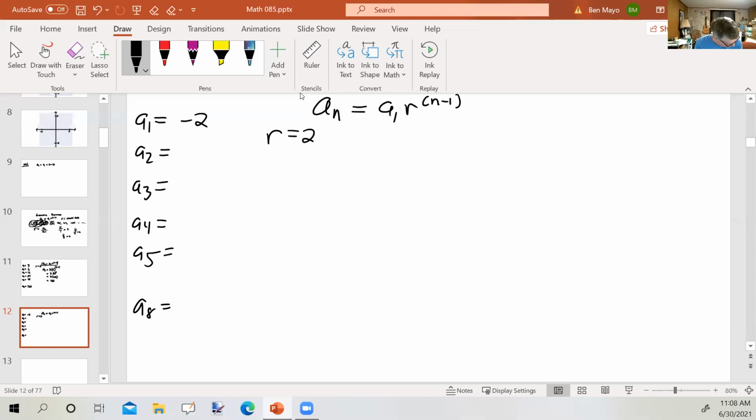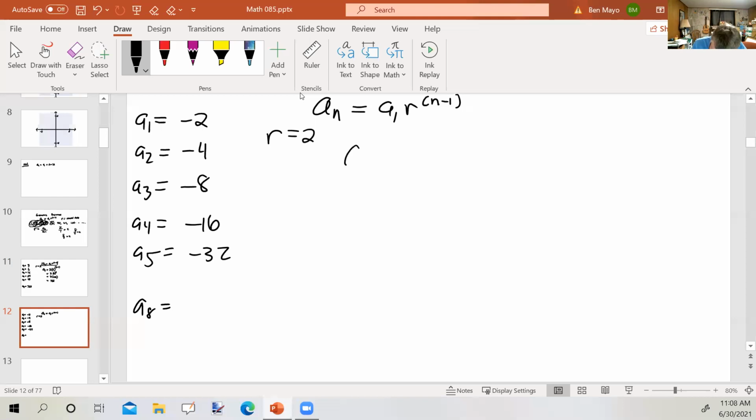Well, let's see. -2 times 2 is -4. -4 times 2 is -8. -8 times 2 is -16. -16 times 2 is -32. So again, a term times the common ratio gives you the next term in the sequence.